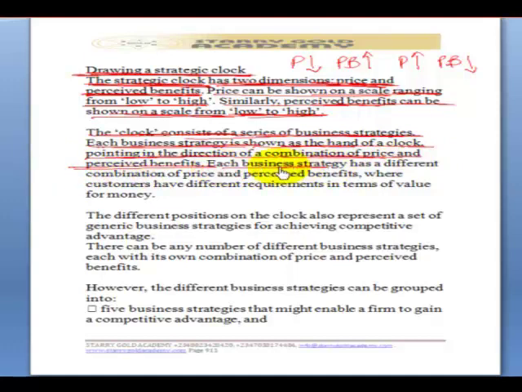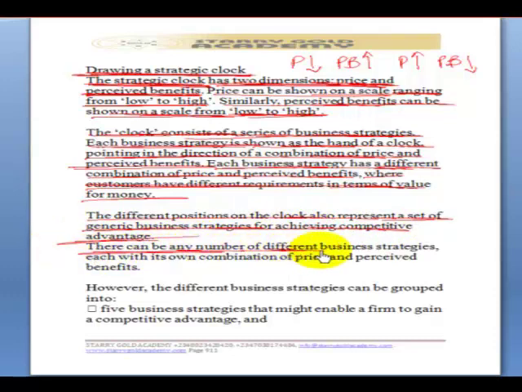Apart from that, each business strategy has a different combination of price and perceived benefits, where consumers have different requirements in terms of value for money, and the different positions on the clock also represent a set of generic business strategies for the purpose of achieving competitive advantage. Therefore, there can be any number of different business strategies, but what is majorly important is that each of these strategies has its own combination of price and perceived benefit.